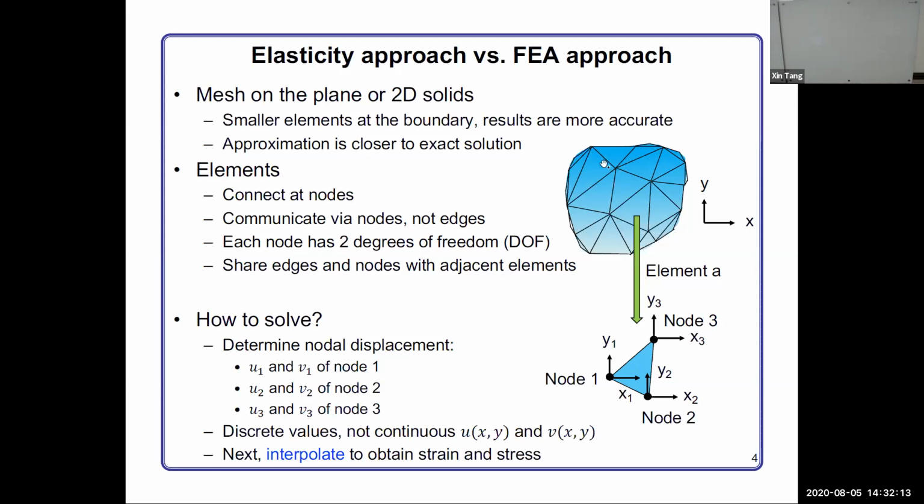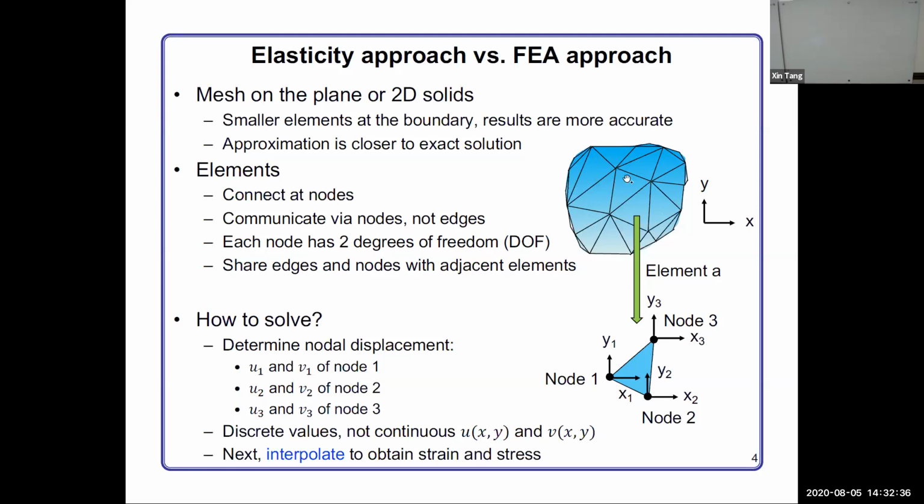Later on, you will see our examples showing that for these two elements, the displacement results are common on these 2 points, okay? And the stress and the strain in each element could actually be different.